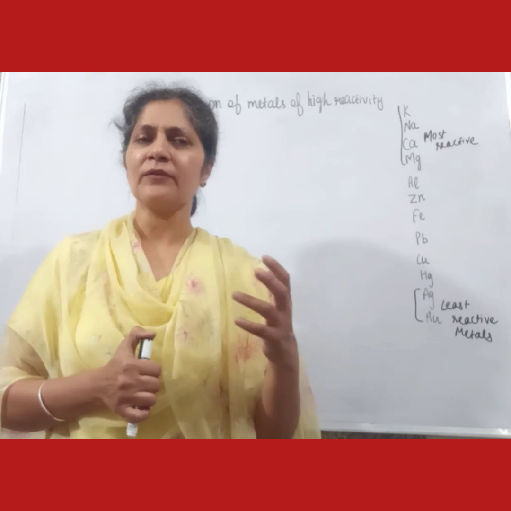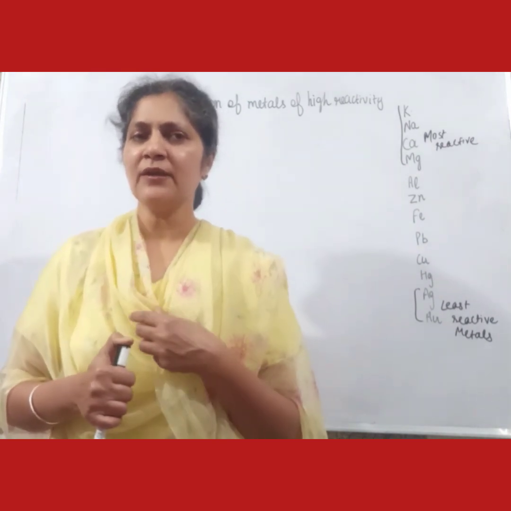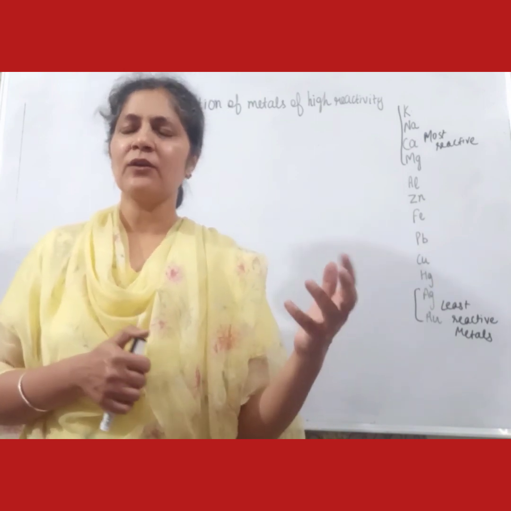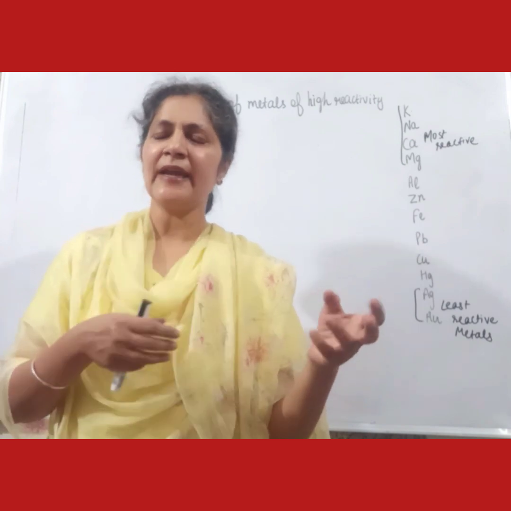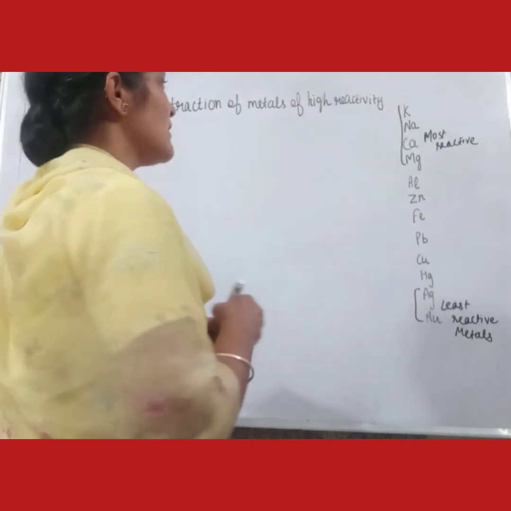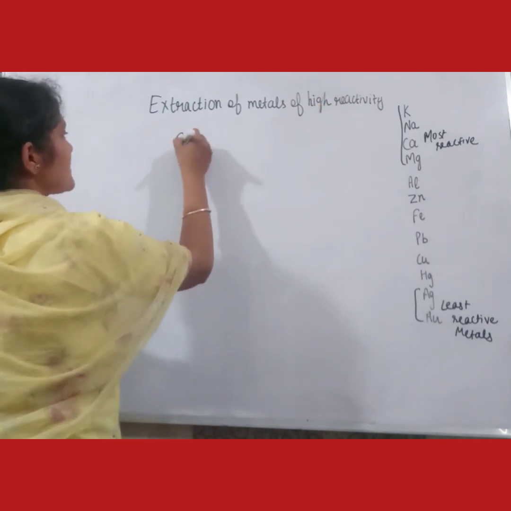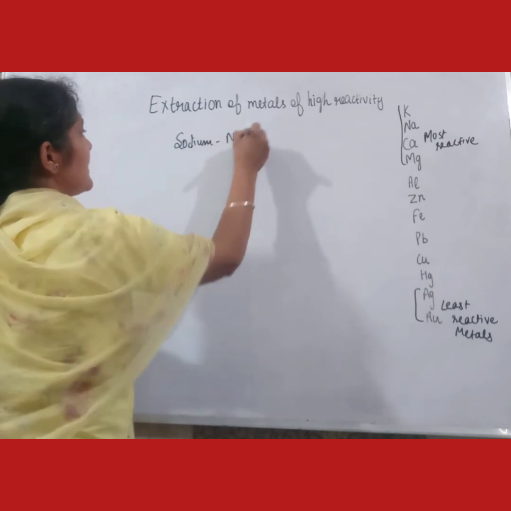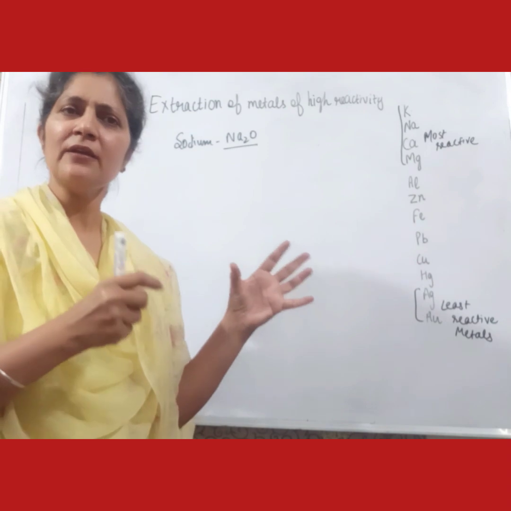Now in the case of highly reactive metals, it is not possible to reduce the oxides of these metals with carbon or carbon monoxide as we did earlier, because the oxides of the most reactive metals, like sodium oxide, have more affinity towards oxygen.